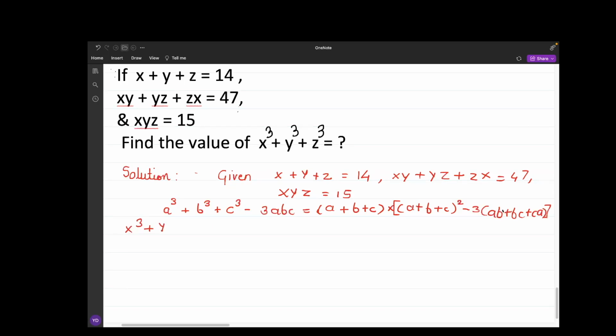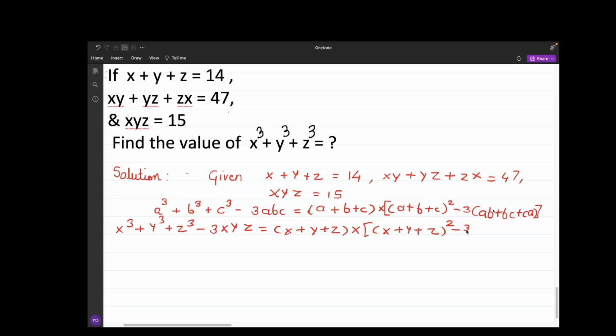x cube plus y cube plus z cube minus 3xyz equal to (x plus y plus z) multiplied by [(x plus y plus z) whole square minus 3 in bracket (xy plus yz plus zx)].